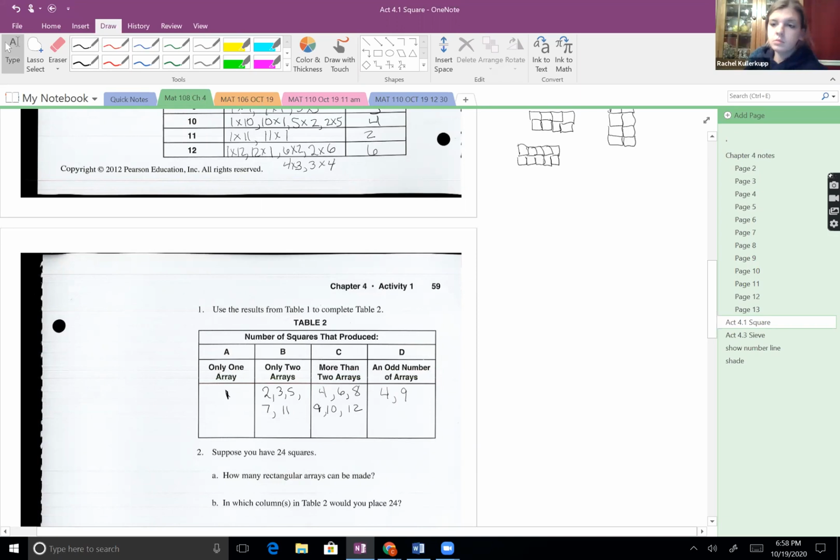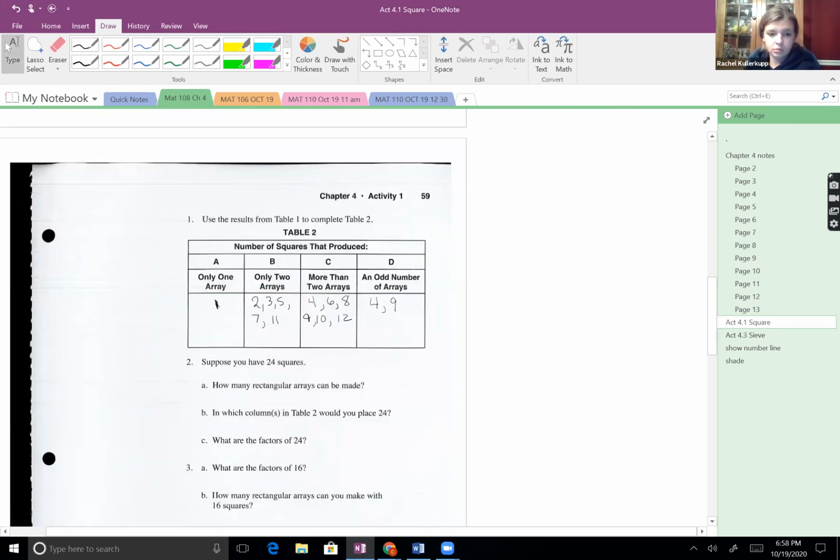Suppose you had 24 squares. How many different rectangles could we make with 24? Let's see. 1 by 24, 24 by 1. What else? 8 by 3, and then 3 by 8. 6 times 4, so 4 times 6.